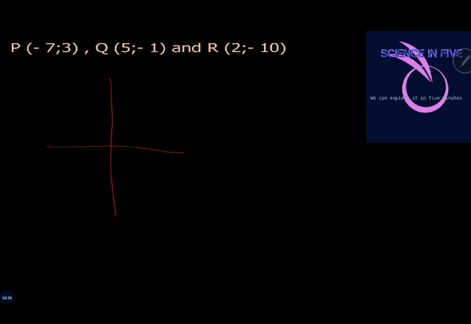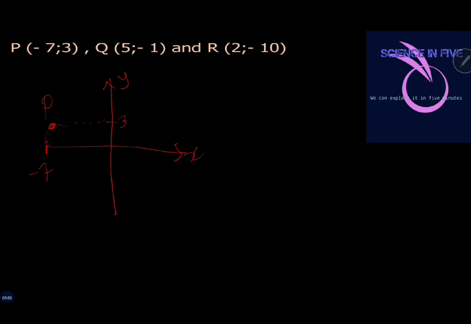That's better, somewhat. The point P is at -7 and 3, so this is where my point P is. This sketch is not accurate. It's just trying to give me an idea of what I'm looking at.